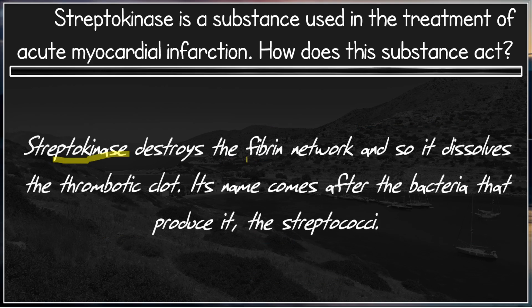Streptokinase destroys the fibrin network, and so it dissolves the thrombotic clot. Its name comes from the bacteria that produces it, Streptococci.